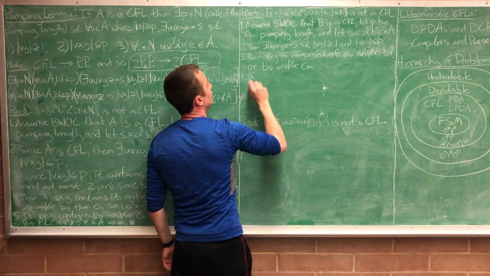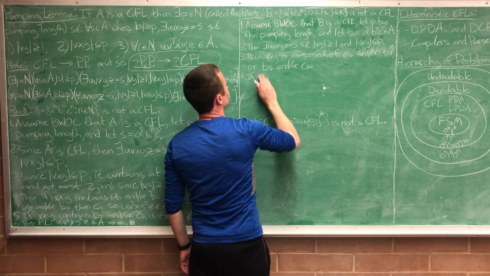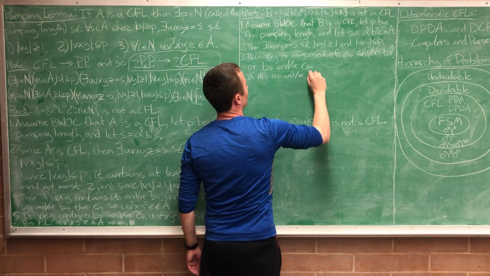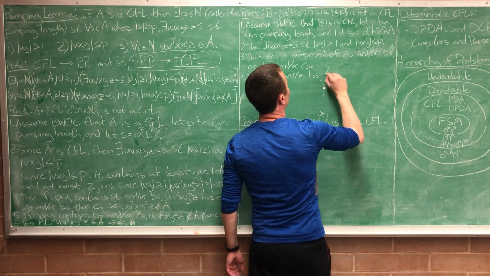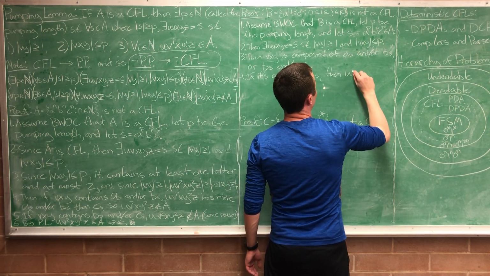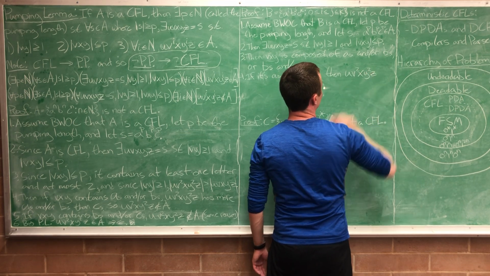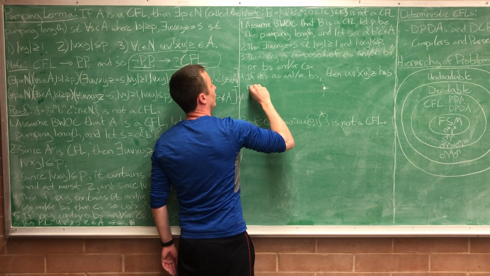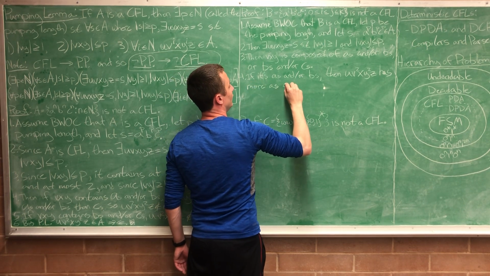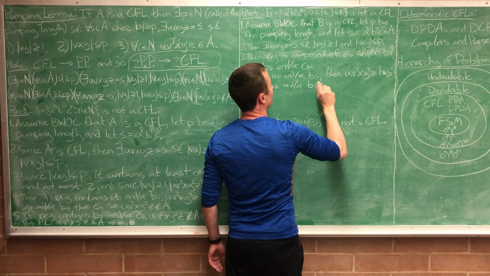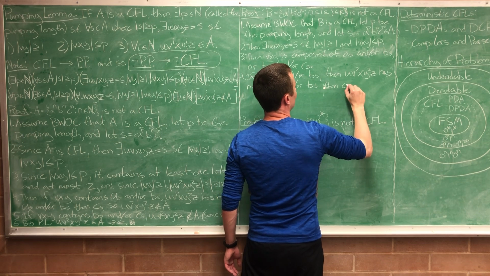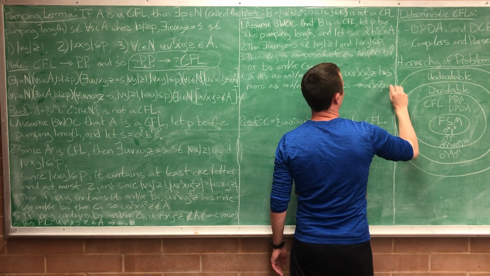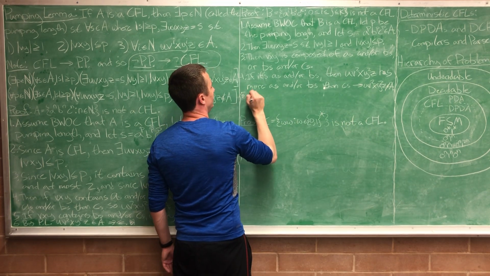4. If it's A's and/or B's, then uv squared xy squared z has more A's and/or B's than C's, which implies uv squared xy squared z is not in A. 5.